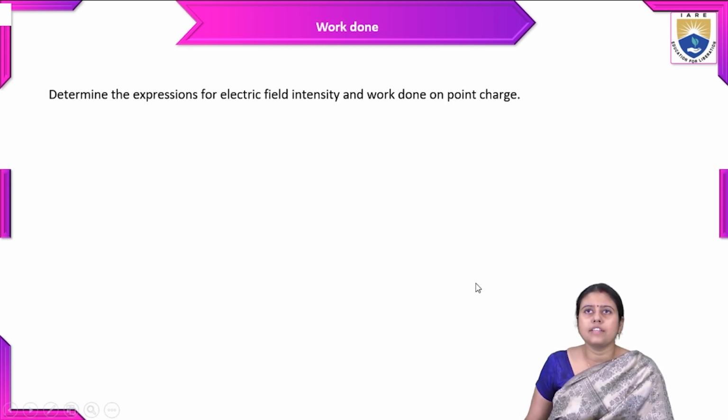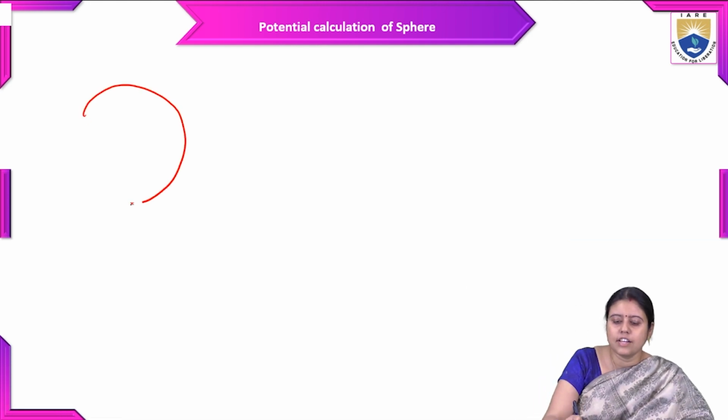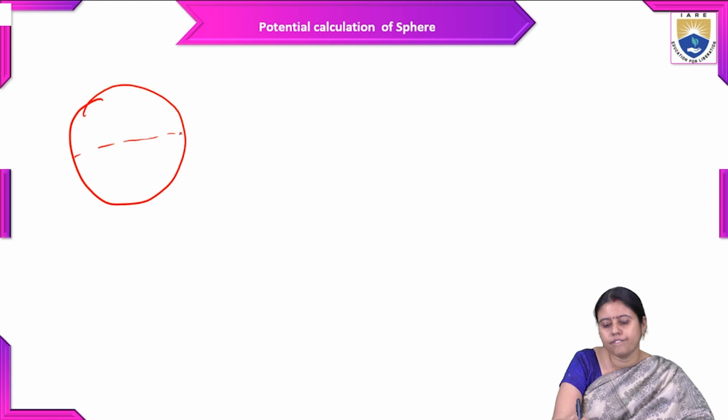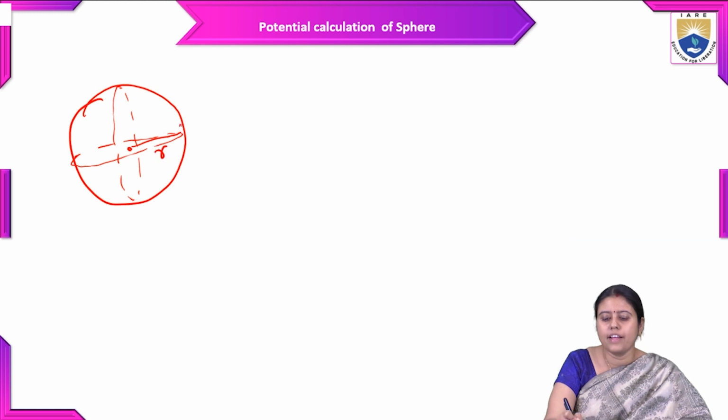Now we will discuss the potential of a sphere. So this is a sphere whose radius is given as r.